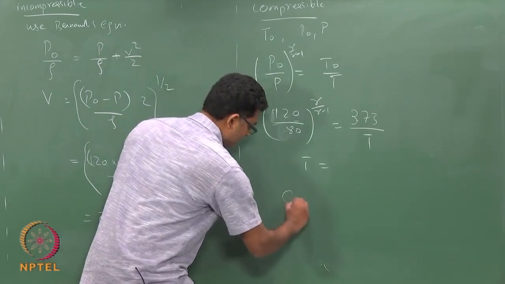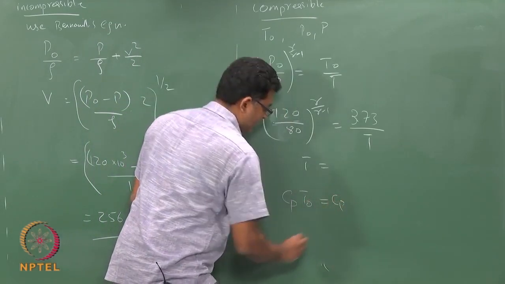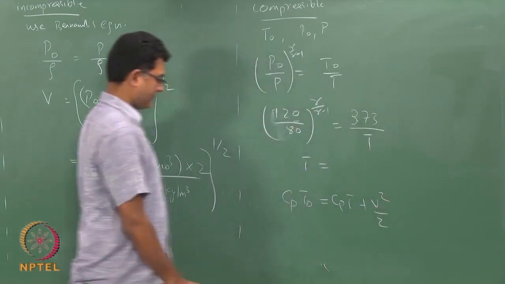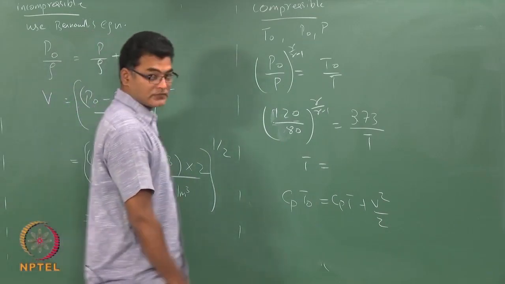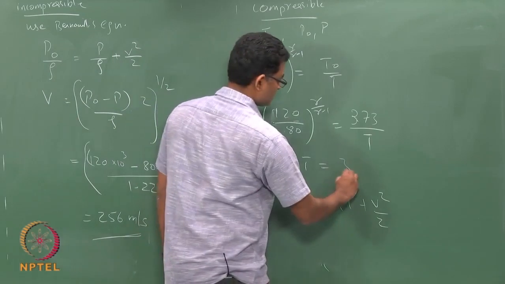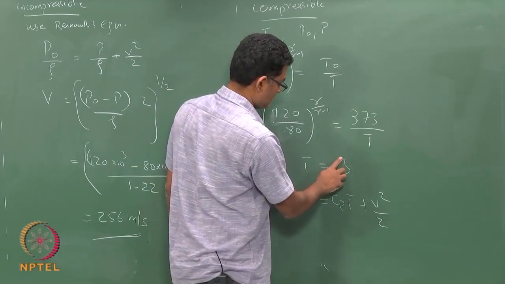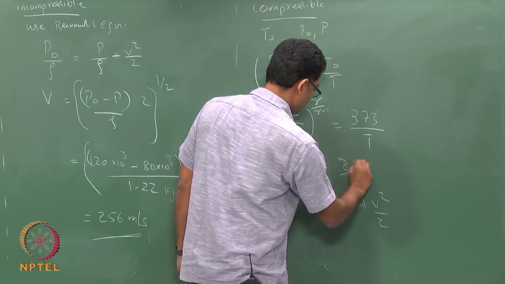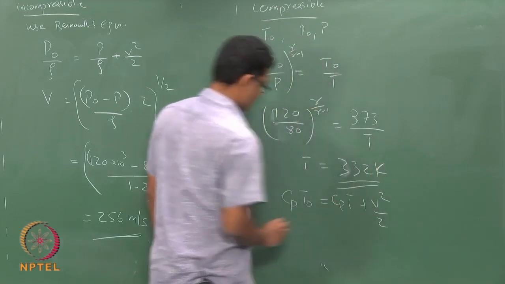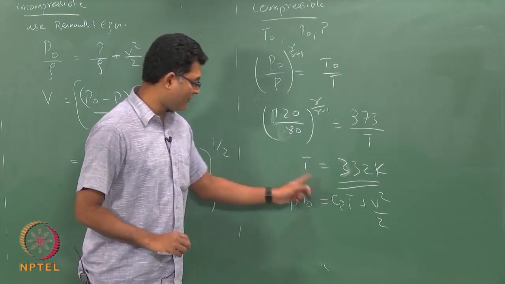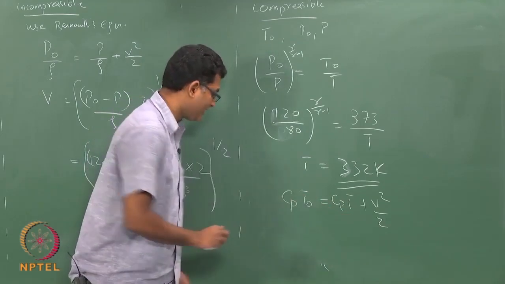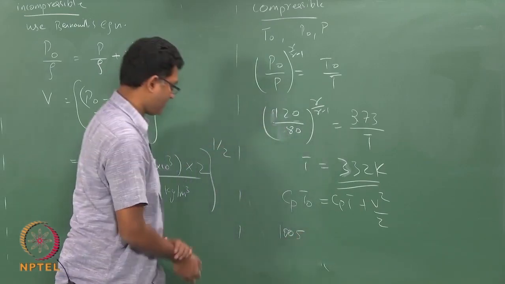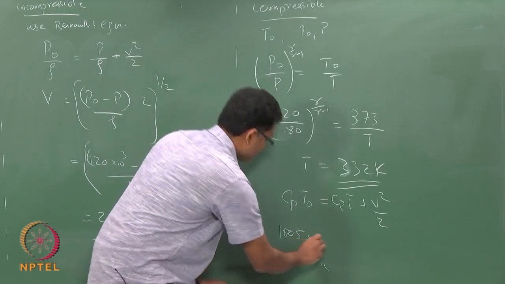once you have the T, you can use the energy equation to get your velocity. T is 332 Kelvin. So, I use this value of static T to find my velocity. So, my Cp is 1005 joule per kg Kelvin.